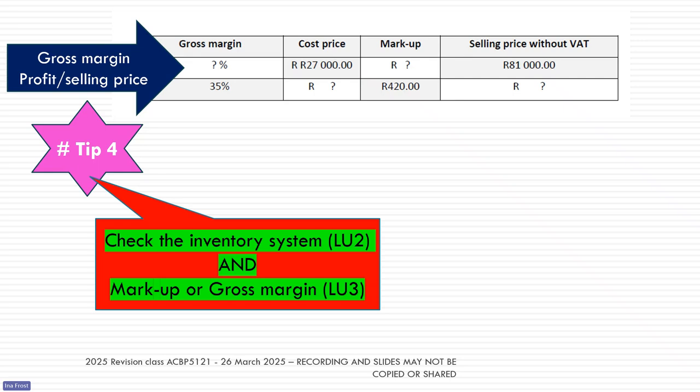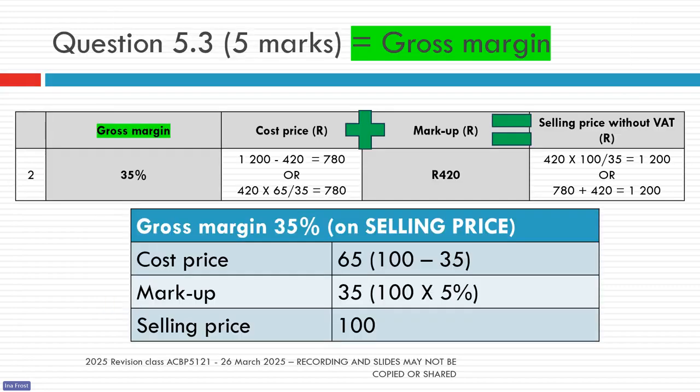Okay, and remember we said from the start, a markup and a gross margin is not going to give you the same answers. So you certainly cannot be using your same formulas now for this answer. And we said earlier that for every question, you need to check, are they talking about markups or gross margin in the question.